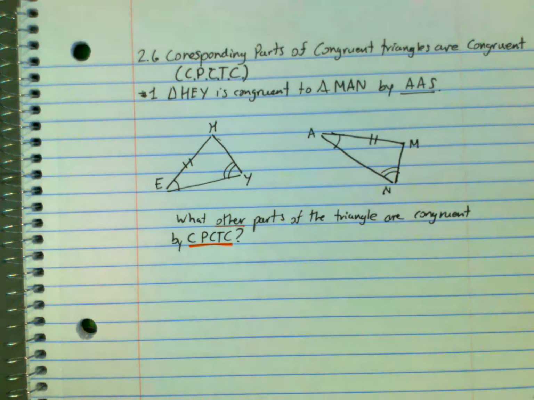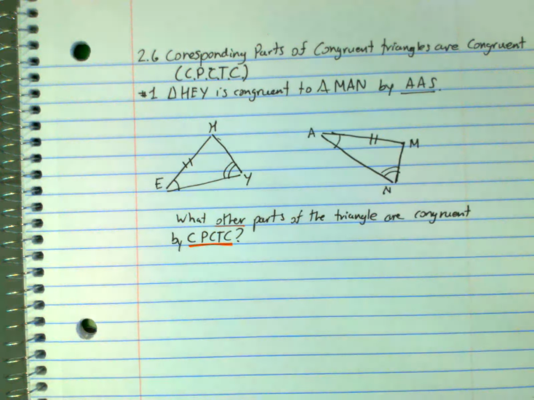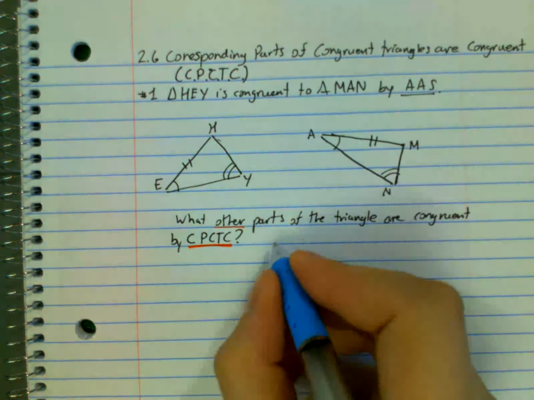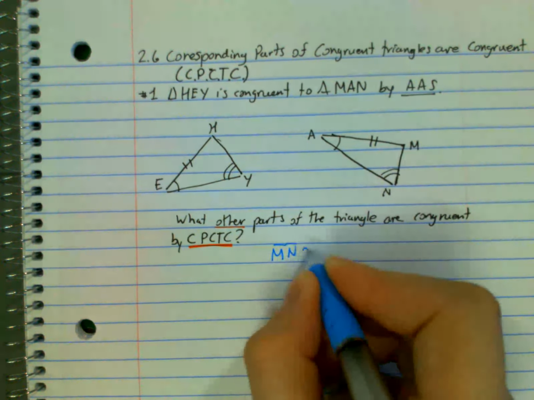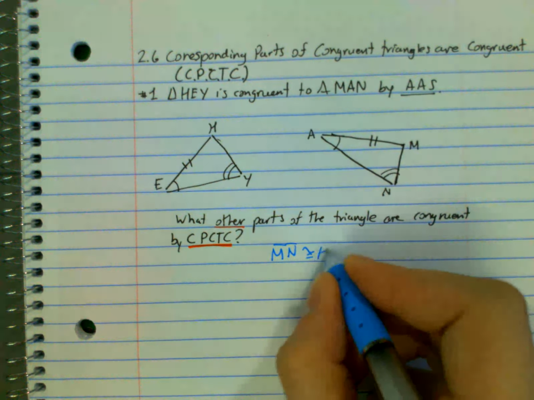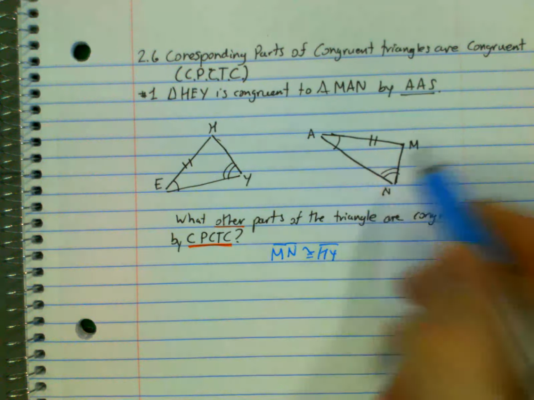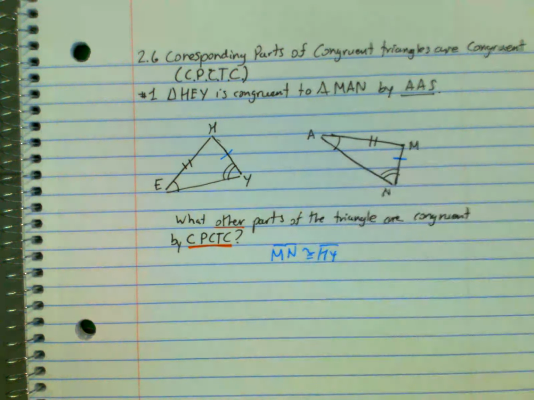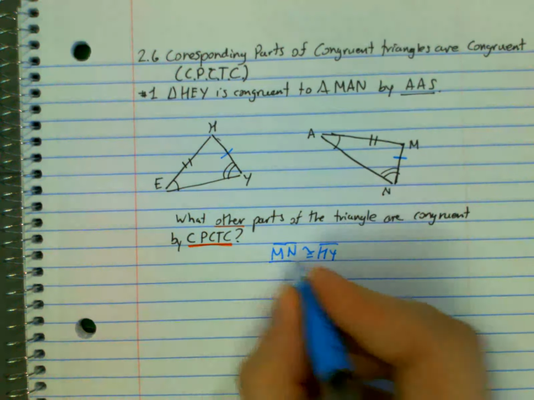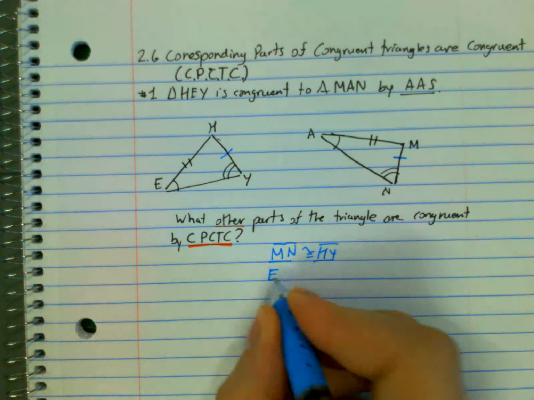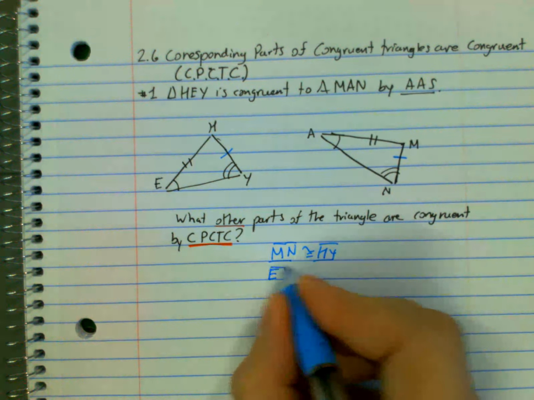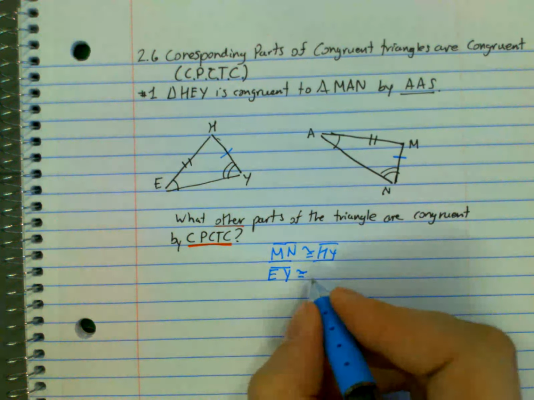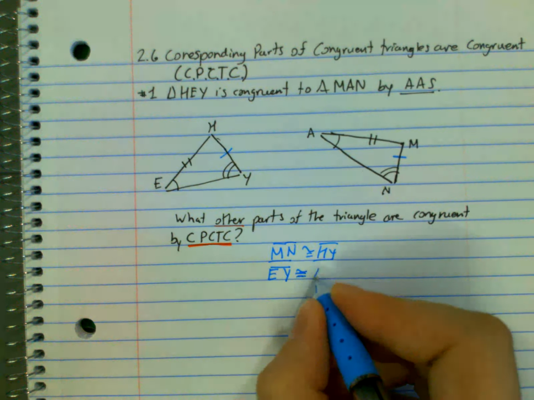Okay, well, if we look at this, and by C.P.C.T.C., meaning that we know that these two triangles are congruent, so what other parts have to be congruent then? Well, we've got segment MN is congruent to segment HY, here and here. We can also say that segment EY is congruent to segment AN.